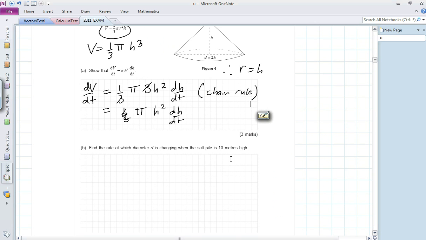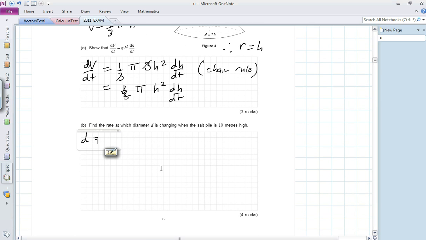So now we're going to use this differential equation that we've derived here to then work out at what rate the diameter is changing at a certain time. So we've got a number of variables we want to work out. So d is always equal to twice the height, so it's going to be 2 times 10.